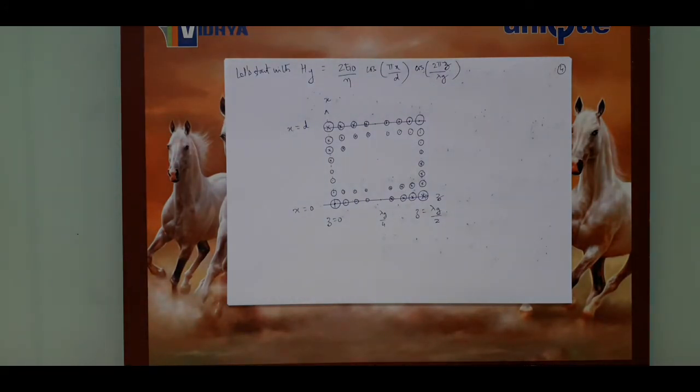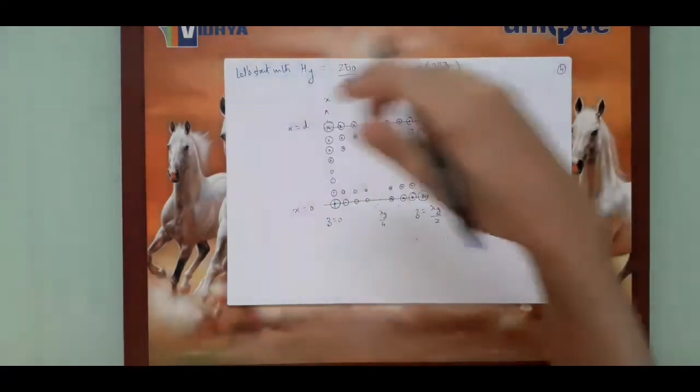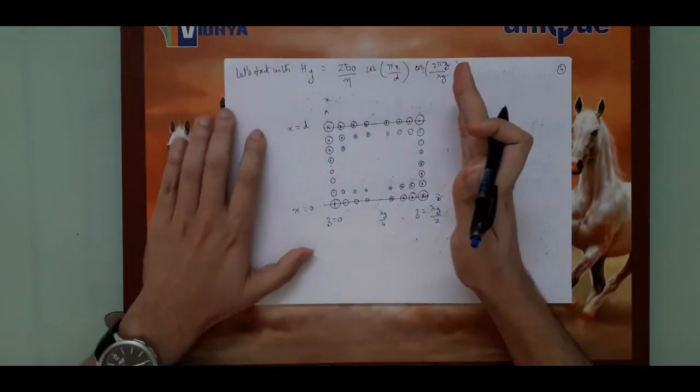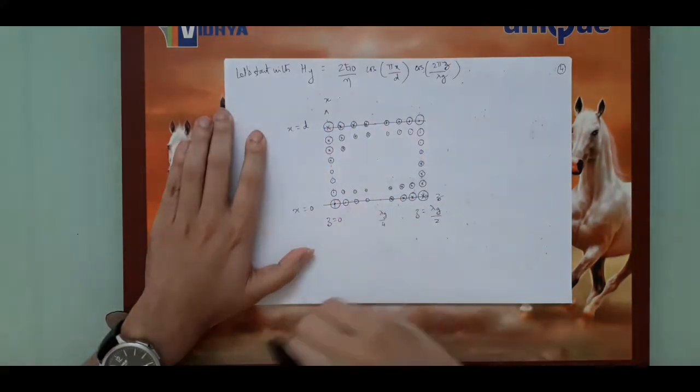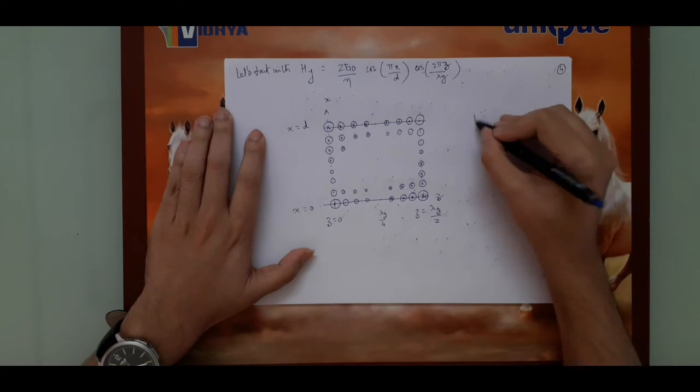Now, what we can do by looking at this figure is, this tells us that at some given point of time, we know where the maxima and minima of the fields are lying. So this is how HY looks like.